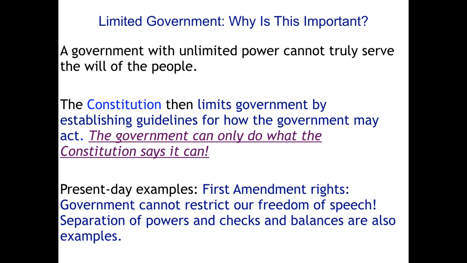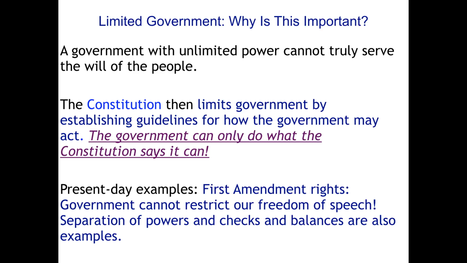So present-day examples would be things like your First Amendment rights. The government cannot restrict our freedom of speech. Separation of powers and checks and balances are also examples. In fact, the president's willingness to pursue his policies at the expense of the Constitution when it came to immigration issues was struck down by the court, which, even though it was a 4-4 tie, the appeals court had said, you have exceeded your power.